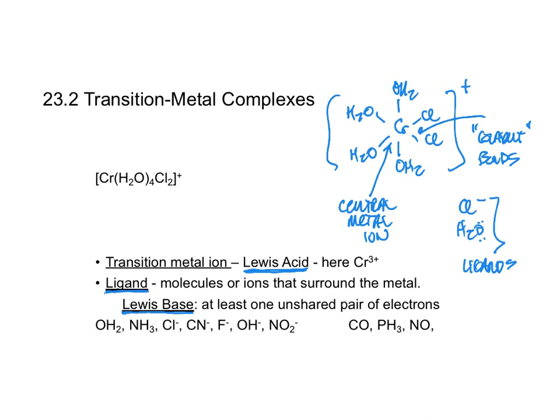And usually a Lewis base will definitively have an unshared pair of electrons. You can see it by the charge. Or if it's water or ammonia, carbon monoxide, PH3 or NO, it can donate either through a lone electron pair or through a double or a triple bond. Again, this is really to teach you what a complex is.